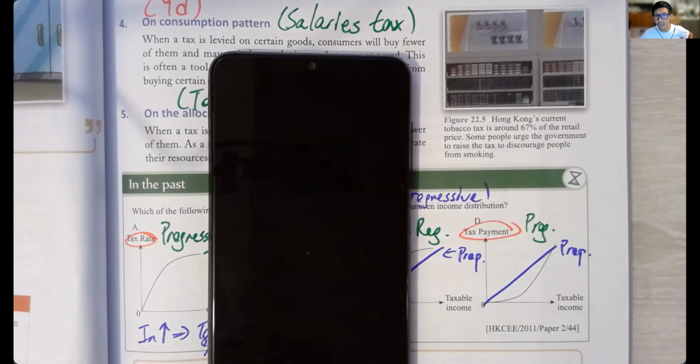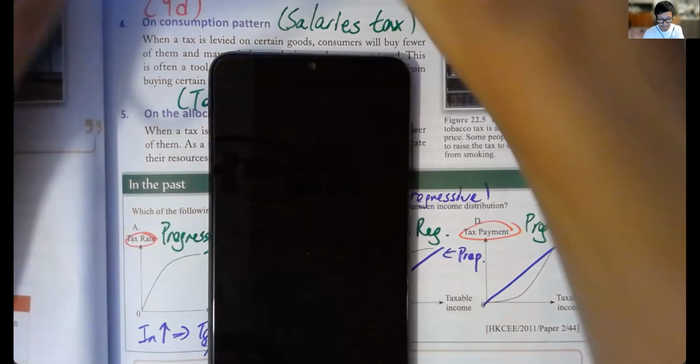Let's look at C and D. Will narrow the income gap between the rich and the poor. Let's see whether it is more progressive. First, it has more allowance.